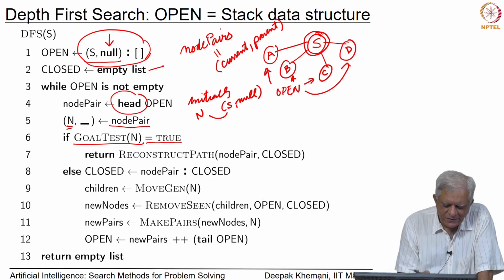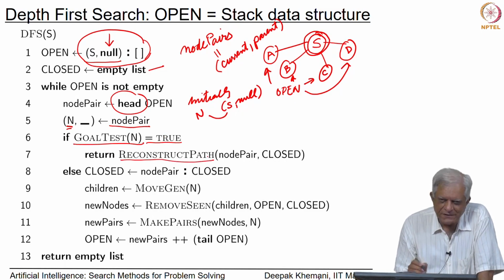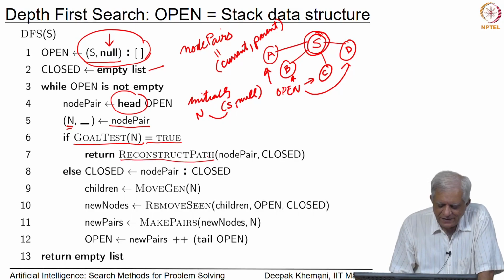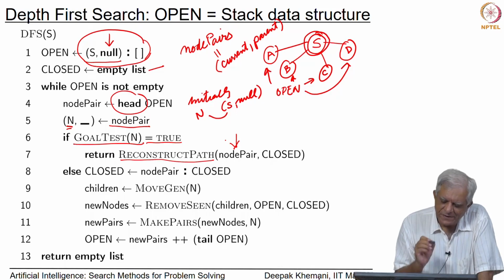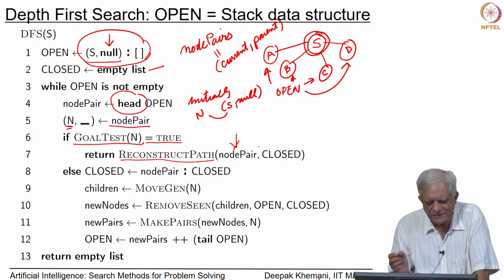If it returns true, then we are done, and we will just call the function reconstruct path that we will see in the following slides. To call this function, we give as input the node pair that we have just extracted, of which the first element was the goal, and whatever is in close, which contains records of everybody's parents. Every node that we have seen and its parents.